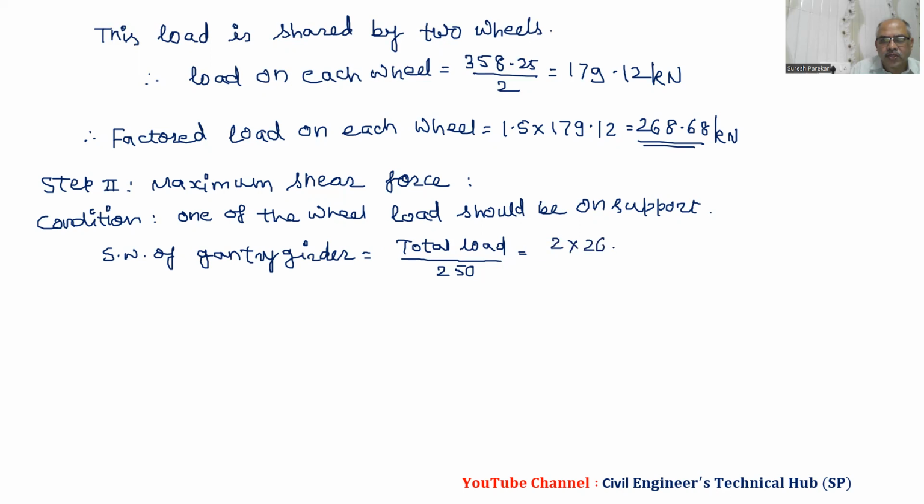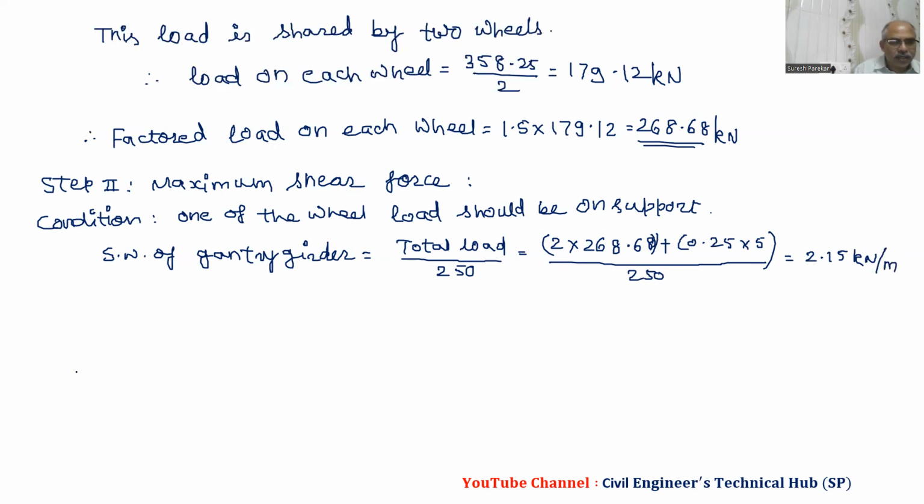So 2 into 268.68, this is due to wheel, plus due to crane, we have 0.25 into 5, because now we are with the gantry girder, divided by 250. And we have this value, 2.15 kilonewtons per meter. This will act as the UDL.